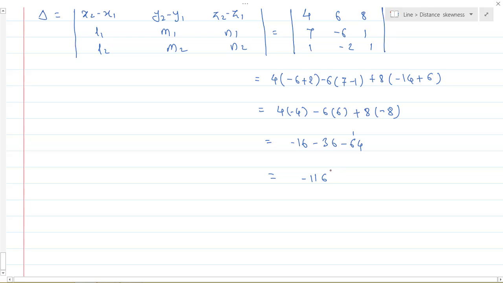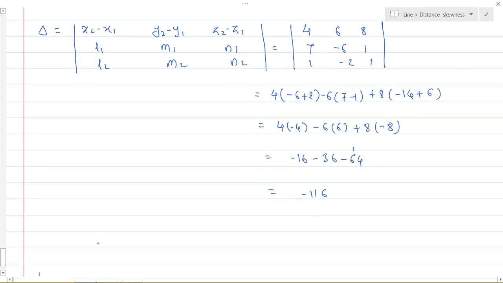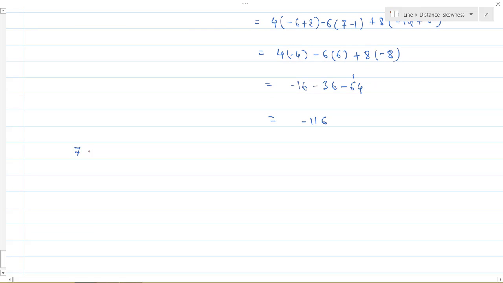Now let's solve for the denominator, which is the root of those terms. As we did previously, we write down the direction ratios 7, minus 6, 1 and 1, minus 2, 1. Now let's find those three terms. The first determinant is minus 14 plus 6, which is minus 8.